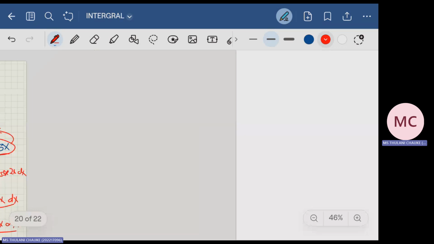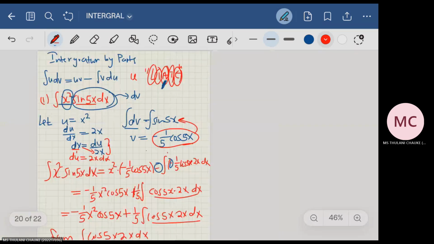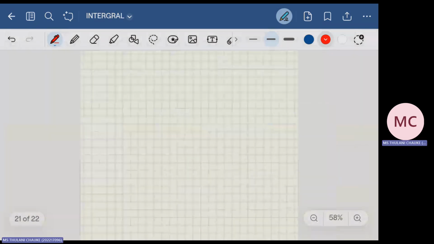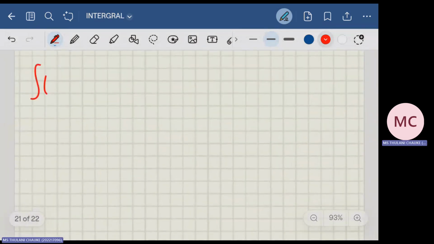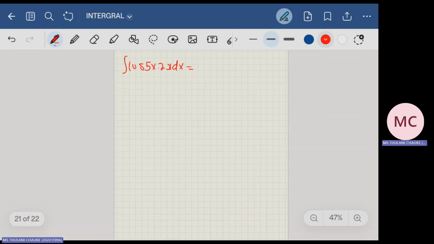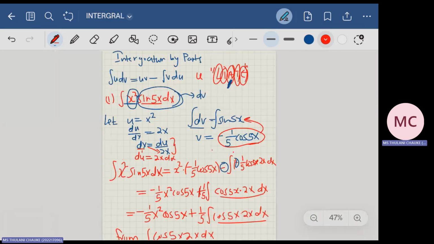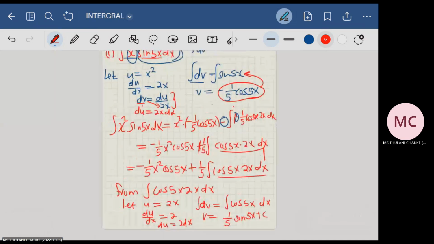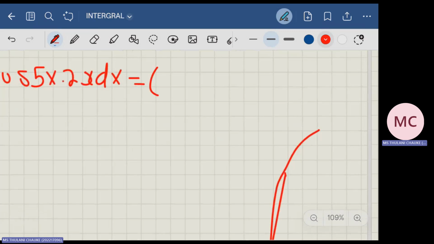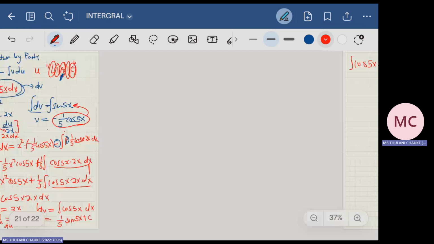So now we're having the integral of cosine of 5x times 2x dx, which will be equal to the value of u, we just found it, it's 2x, and the value of v is 1/5 sine of 5x. So we'll just substitute. Our u is 2x.